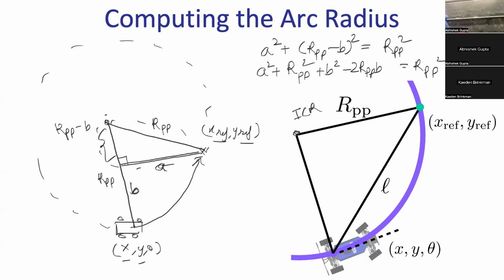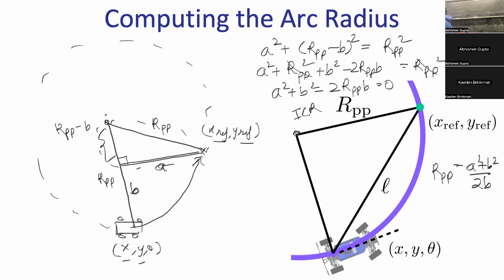Now you're just going to cancel these two out, and so you have A squared plus B squared minus 2 R_PP B is equal to 0, which means that R_PP is equal to A squared plus B squared divided by 2B.